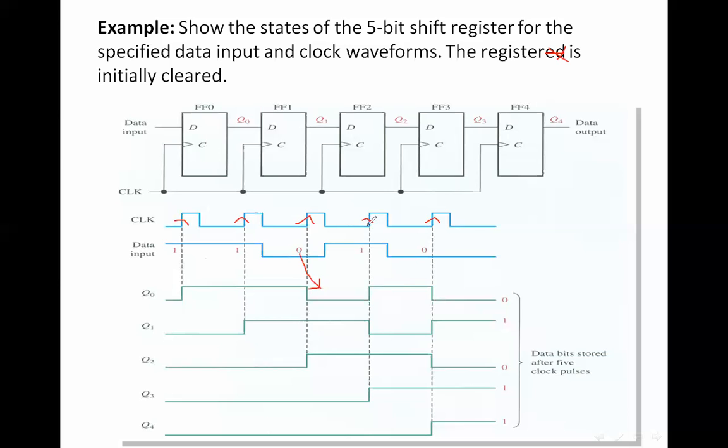In the next clock pulse, the value is 1, so the waveform changes from low to high till the next positive clock pulse. Then the last data is 0. 0 will be there after the positive edge of the clock.